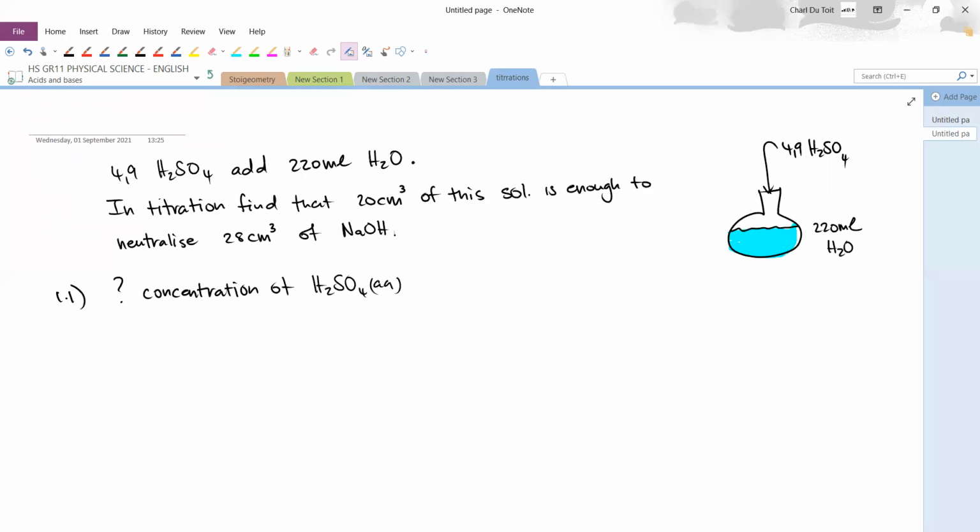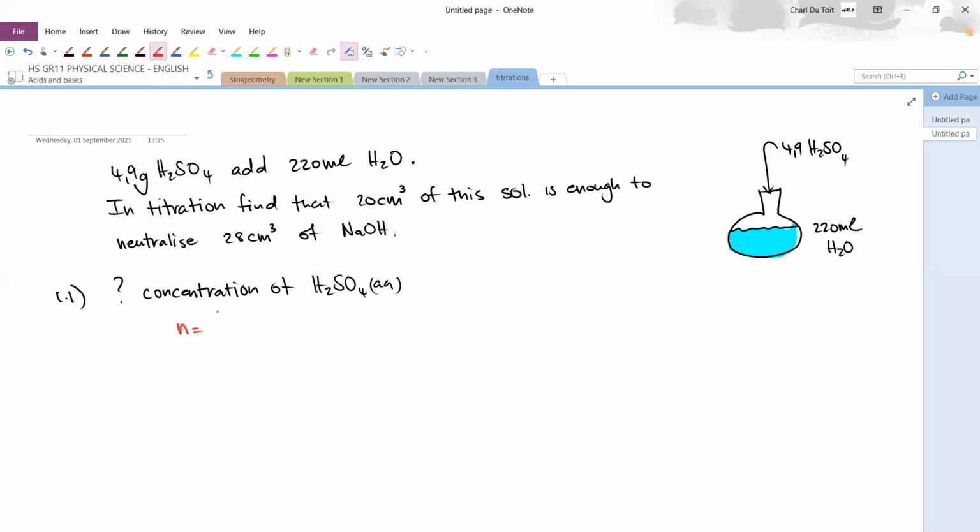You can do that. Okay, let me try. So can I use the 4.9? Yes, it's grams. We're trying to find the concentration. What we're going to do is find the mole, which is n equals mass divided by the molar mass.